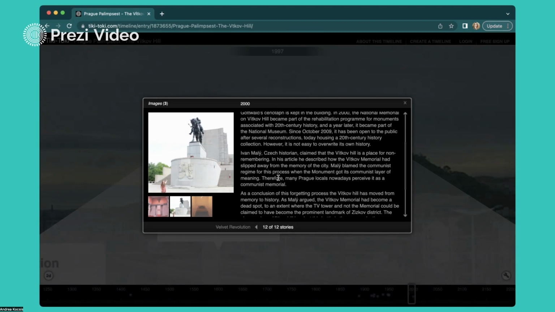And why he says it is because it's not easy to erase the most recent memory from the everyday communicative memory of the locals and the local Prague inhabitants. They see this monument as something from communism.